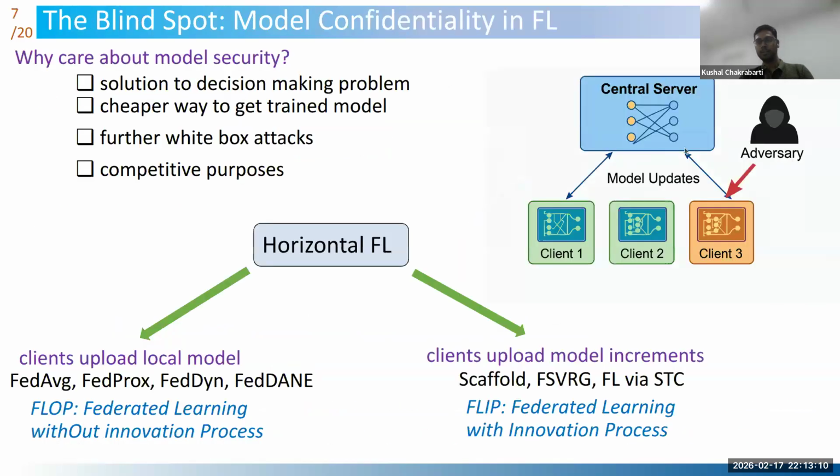So this is the problem setting. We have a horizontal federated learning architecture, and there is an adversary for which one of the clients is vulnerable. That means the adversary is monitoring the communication channel from that client to the server.